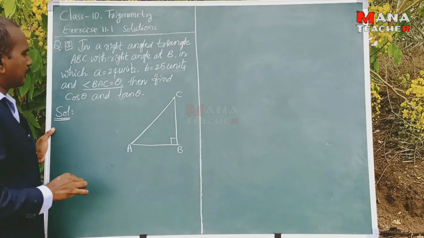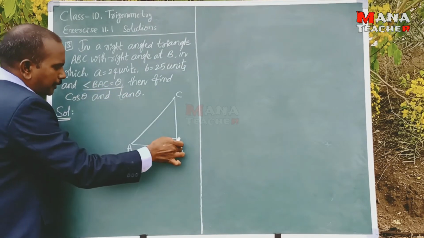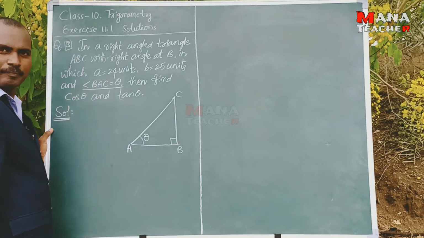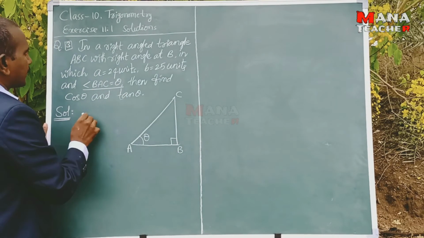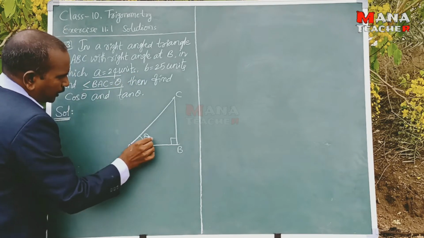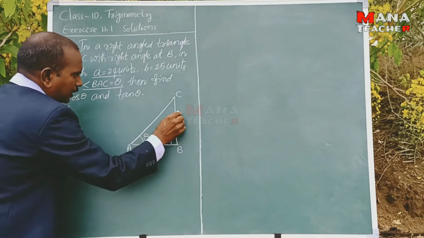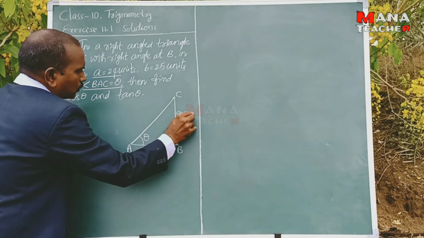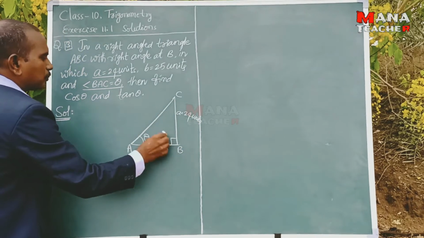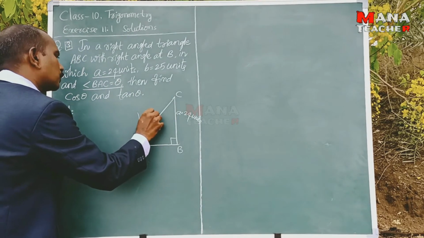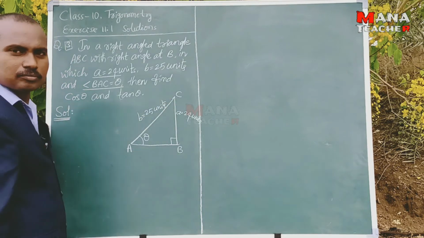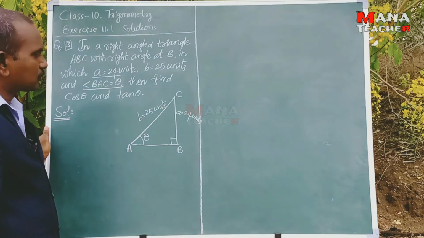Given angle BAC equals theta. Here a, the side opposite angle A, is 24 units, and b equals 25 units.